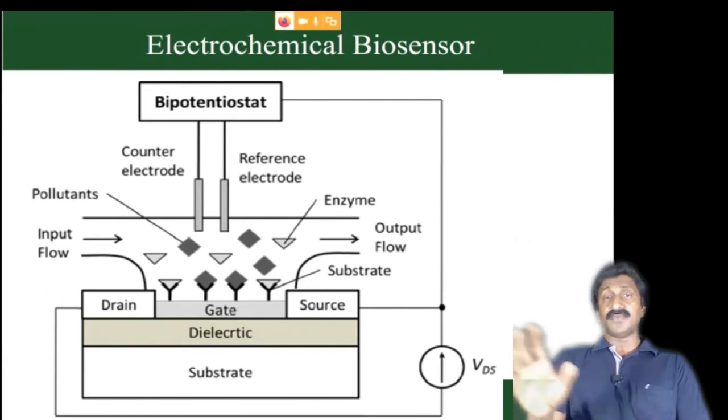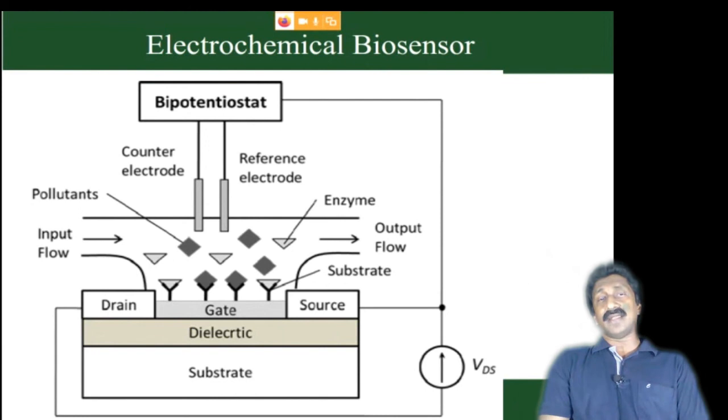Then through the flow channel, the analyte will come and go out, and during that time it will interact with the surface, which will result in a biochemical change, and that will pass an electrical potential, and because it's a dielectric substrate, that will result in a potential difference or electrical charge, and that will be passed to the biopotentiostat, where that electrical signal is detected on the binding of this substrate.